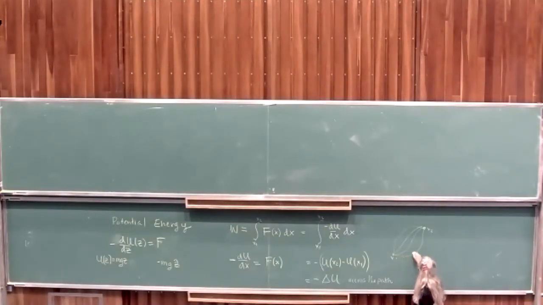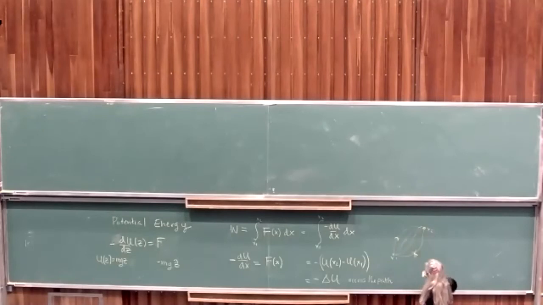I do it this way. But what if I go first this way, and then come back on this path? This is a loop. If I go this way, I get minus U(x2) minus U(x1), and if I go that way, I get the opposite sign.